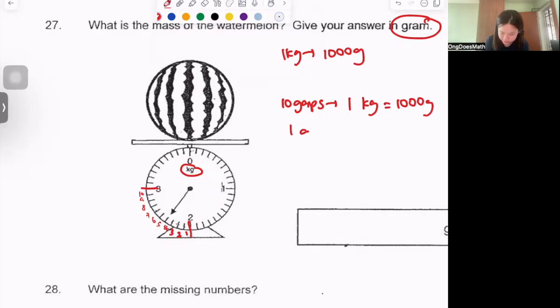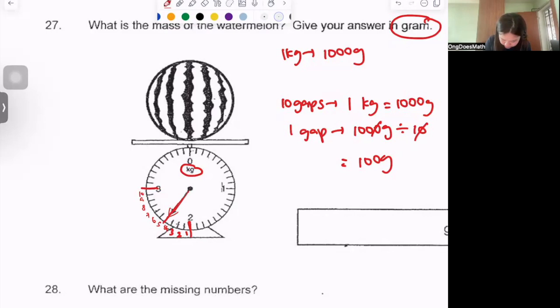So 1 gap will just be 1000 grams divided by 10. So just cancel the 0. So 1 gap will give you 100 grams. Then look at this arrow pointing here. From 2 to this gobble here, how many gaps are there?